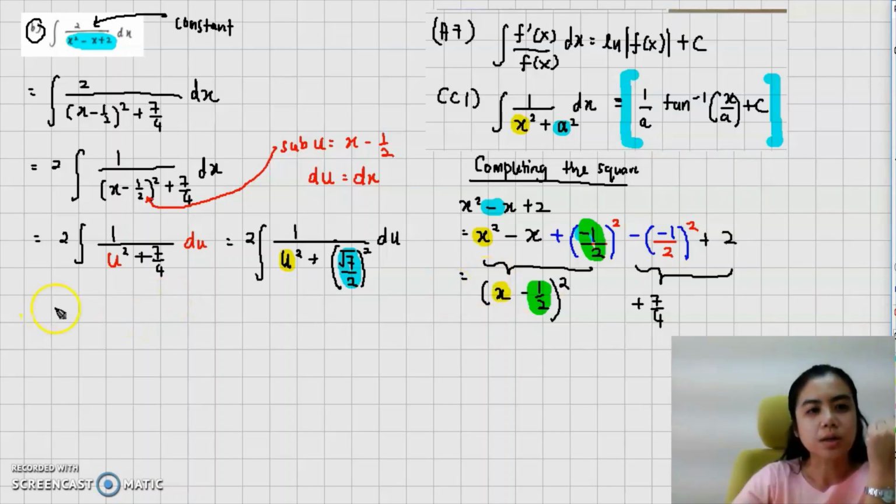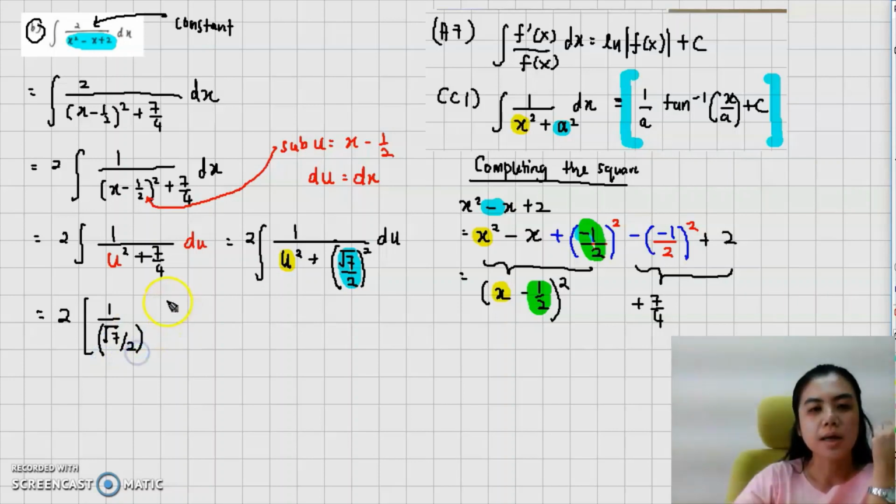Let's just integrate. So we will have 1 over a, the a is square root of 7 over 2, and we have the tangent inverse, and we have the x over a, which is square root of 7 over 2.